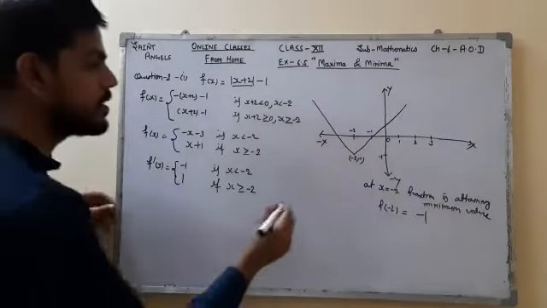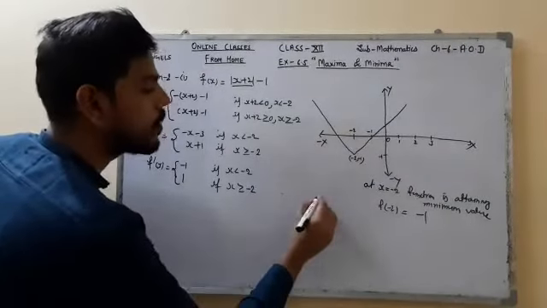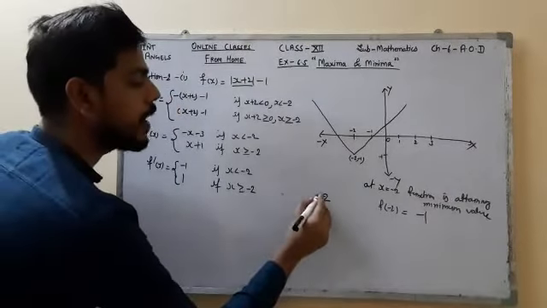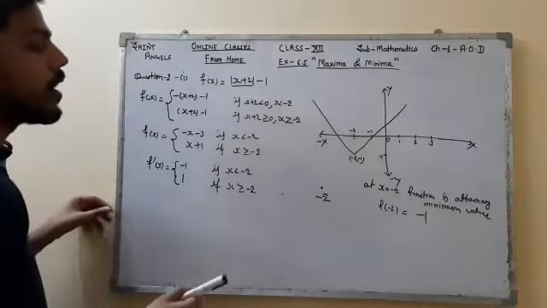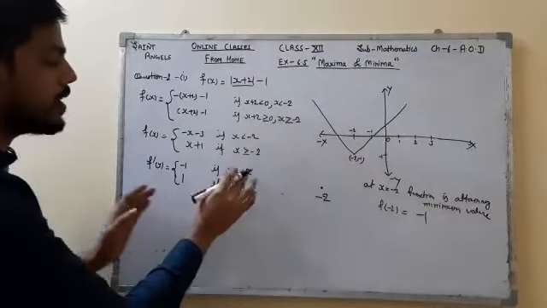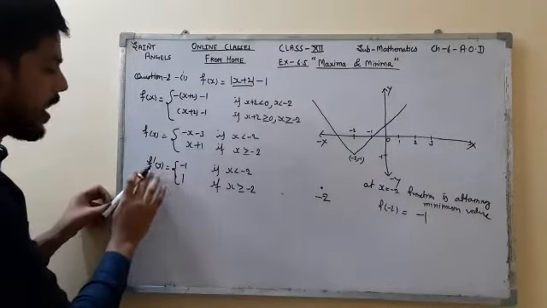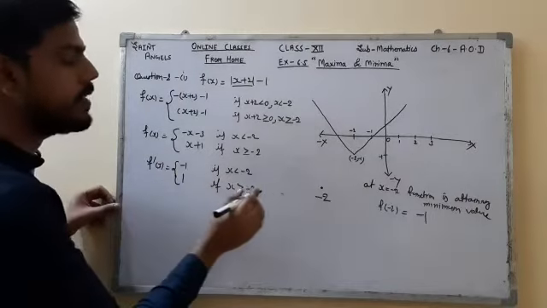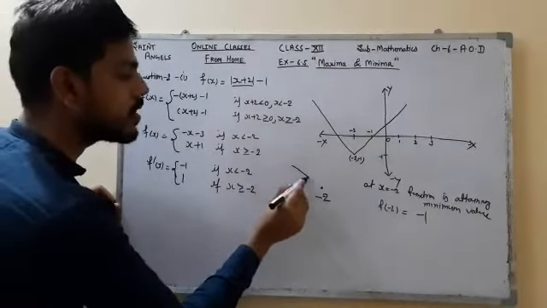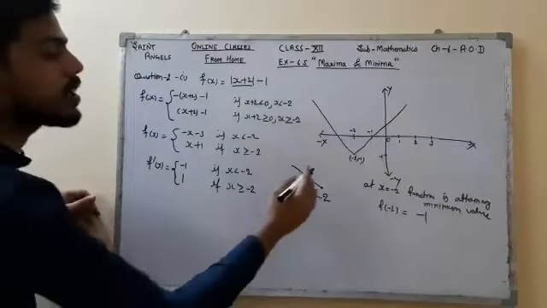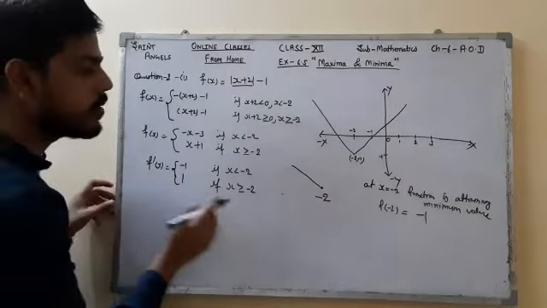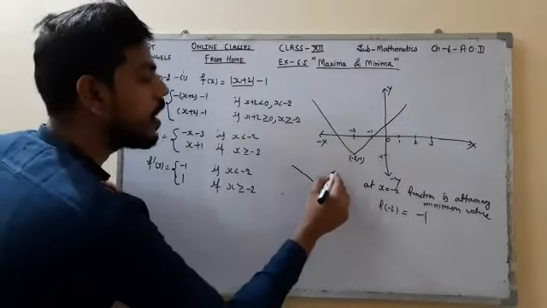Now look at this, this is the point minus 2. So on the left side of minus 2, the slope f dash x is negative, it means it is downward, and on the right side of minus 2, the slope is positive. It means the slope is upward.